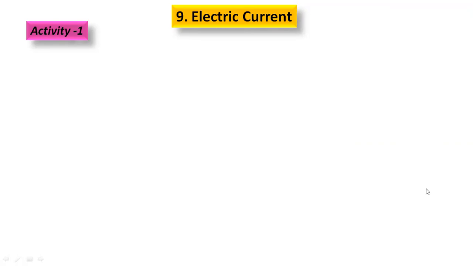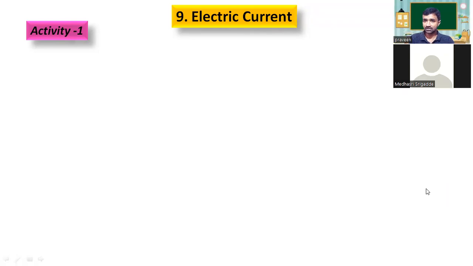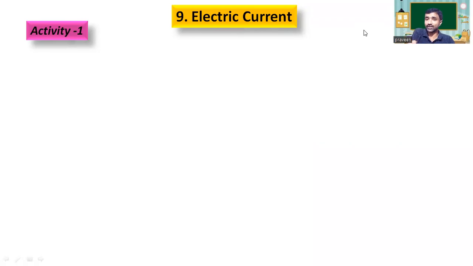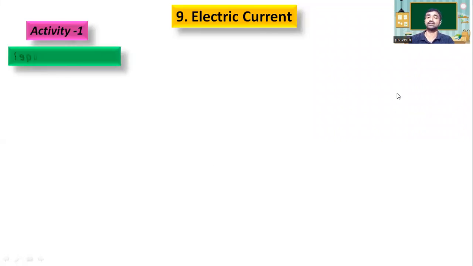Actually, it is impossible in our surroundings. But the charge moves from one to another only by the natural phenomenon called lightning or a spark. So in activity 1, you require a few materials to make an electric circuit.